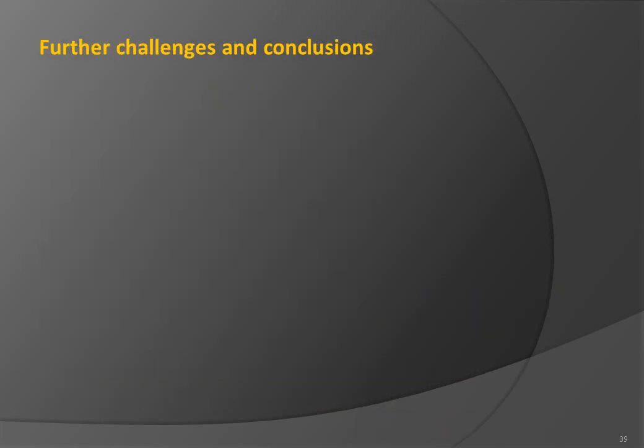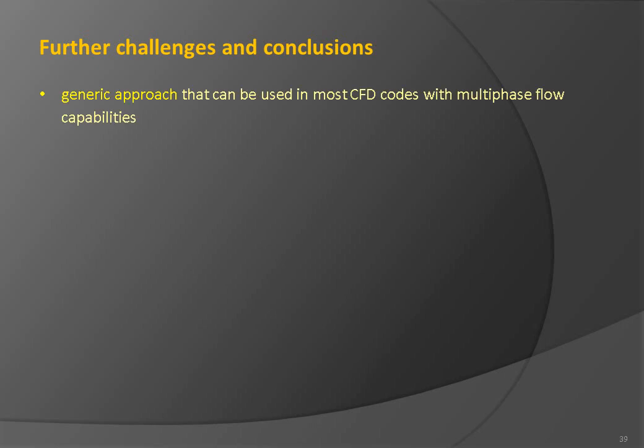The paper presents a CFD modeling approach to simulate the behavior of LNG spills from their initial release, spreading on the water surface, rapid phase transition to subsequent dispersion. The described approach is generic and can be used in most of the available CFD codes that include multi-phase flow capabilities.